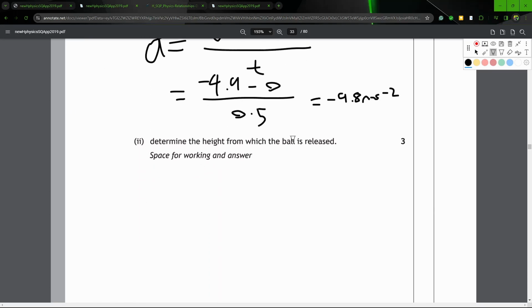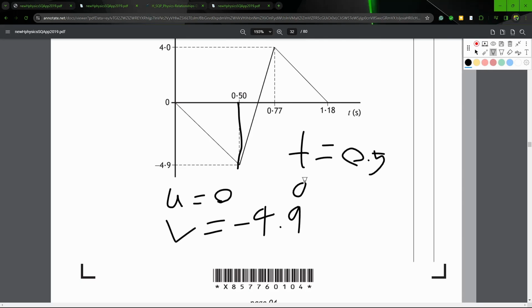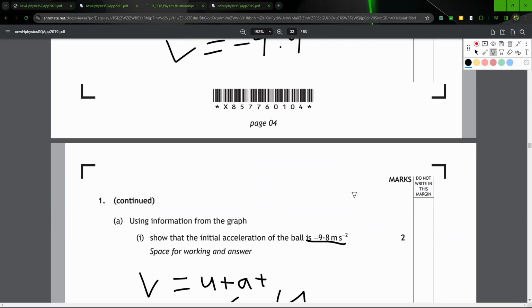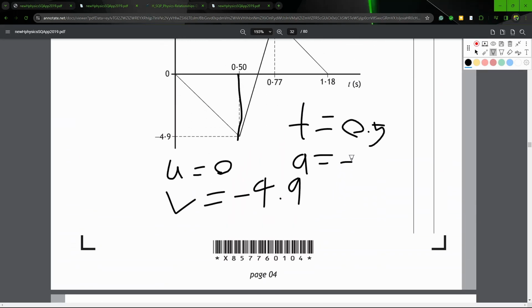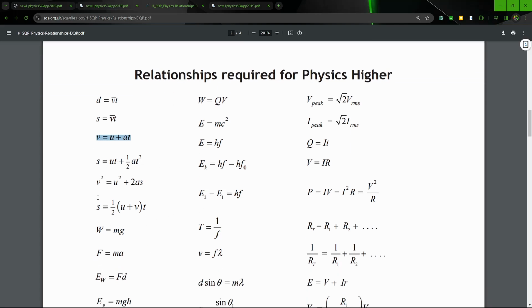Determine the height from which the ball is released. Again, we can analyze what we've got. This time, we can add acceleration to our toolbox. So it's minus 9.8. If we look around for equations that have acceleration, initial velocity, final velocity, there's a couple we could use.